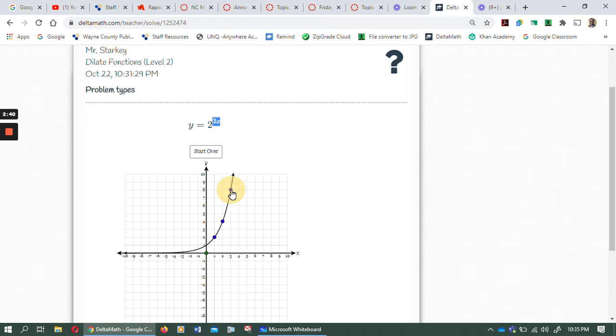When I do this horizontal shrink, instead of leaving this point at the x value 3, I multiply 3 times 1/3 and get 1 as the new x value. So my x value for this point went from 3, multiplied by the scale factor, to a new x value of 1.